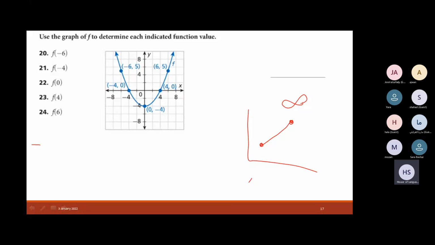But the domain here, since this point is on the negative x, I will say it starts from negative infinity. The domain is talking about the x values. So here are the values of x, which are negative, and it ends at positive infinity. So I will say here that the domain is from negative infinity to positive infinity.